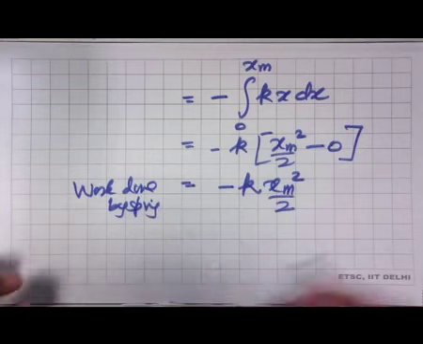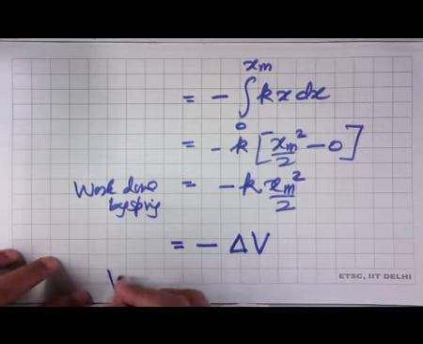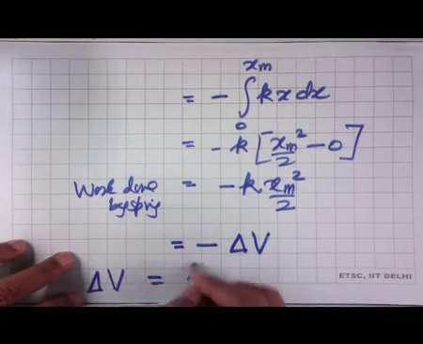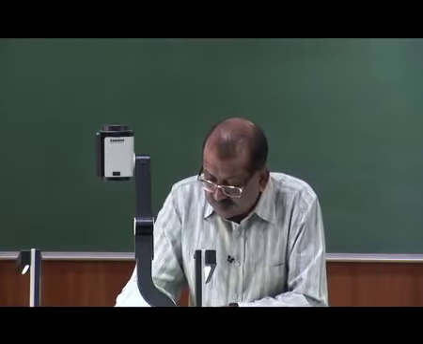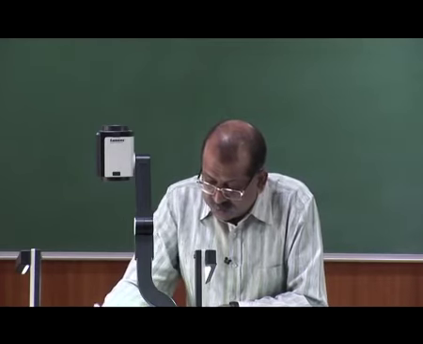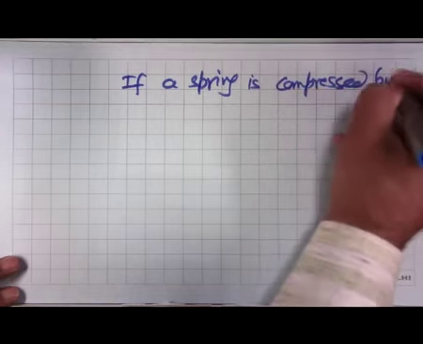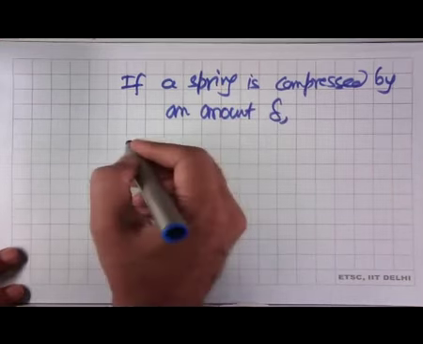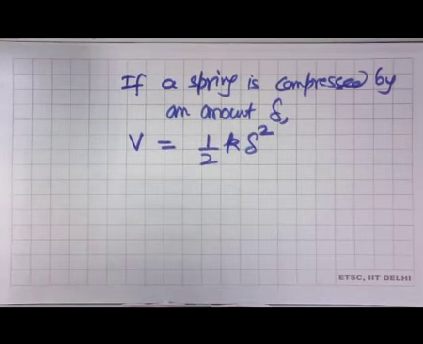And work done by spring is equal to minus the change in potential energy. So the change in potential energy can be written as k times xm square by 2. So if a spring is compressed by an amount delta, the potential energy for the spring can be written as half k delta square.